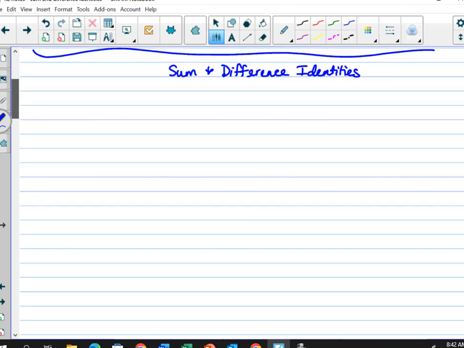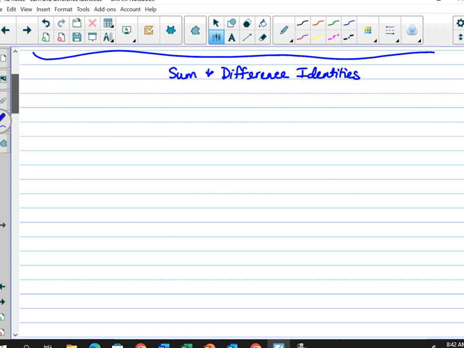So first one, sine of A plus B is equal to the sine of A times the cosine of B plus the cosine of A times the sine of B. Okay. So we see it was wrong.